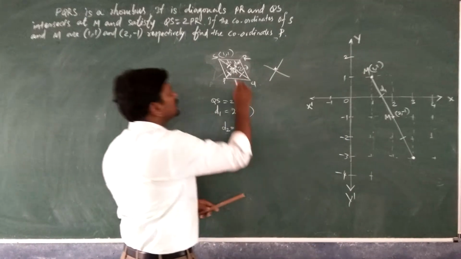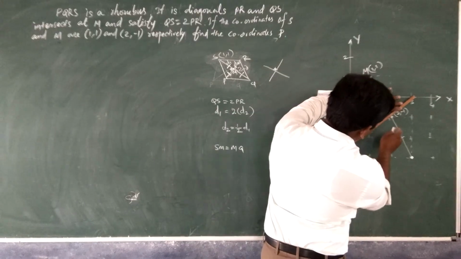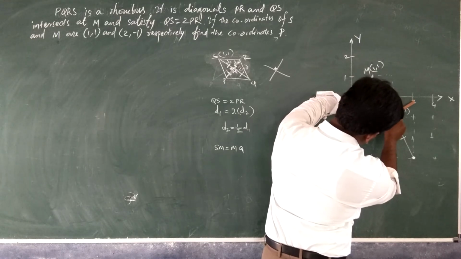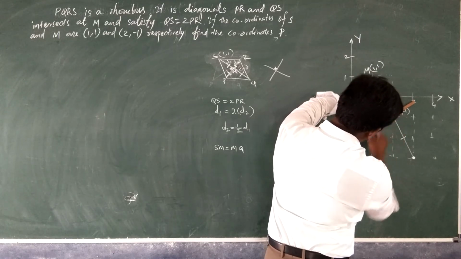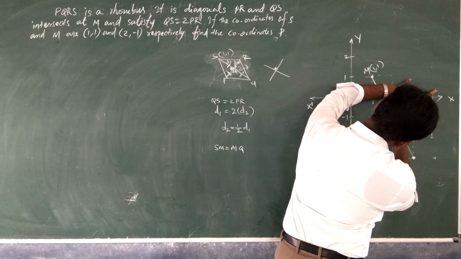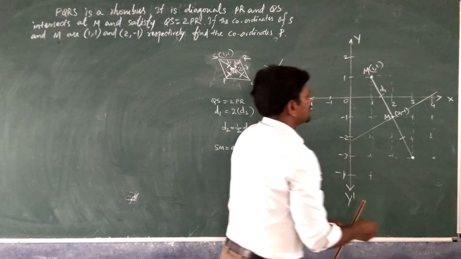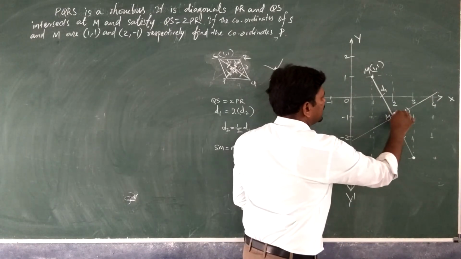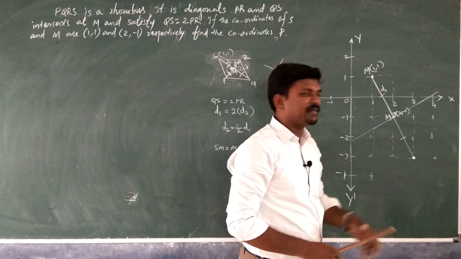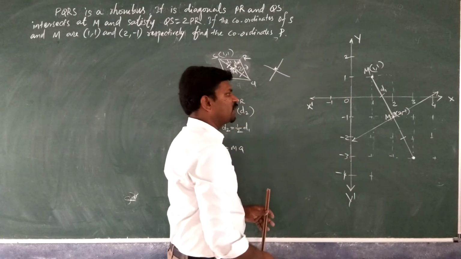Also the diagonals are intersecting at right angle, so the next line must be at a right angle. I am just drawing a perpendicular line. See, these two are 90 degrees. When you are drawing in your notebook, you can use the protractor. So this is the perpendicular line to the diagonal.